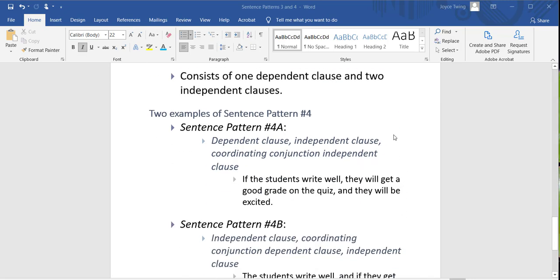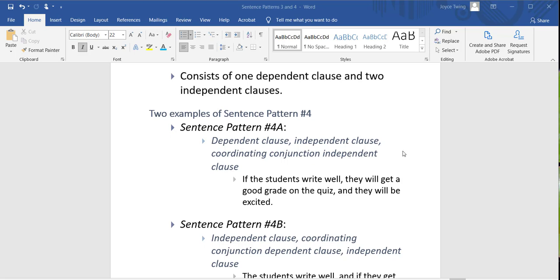We're going to look at 2 examples. There are more examples, but we'll look at just 2 for the purpose of getting ourselves a really good start with sentence patterns. The first one is 4A. This one starts with a dependent clause, then has an independent clause, then we toss in a coordinating conjunction and a dependent clause.